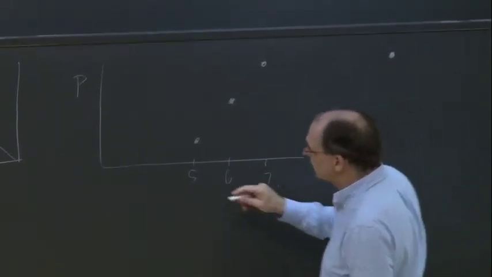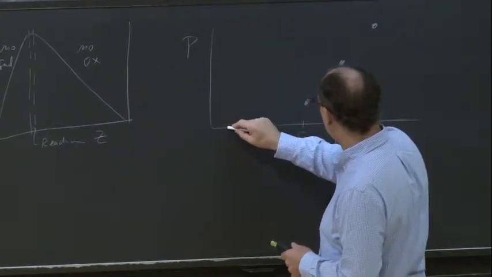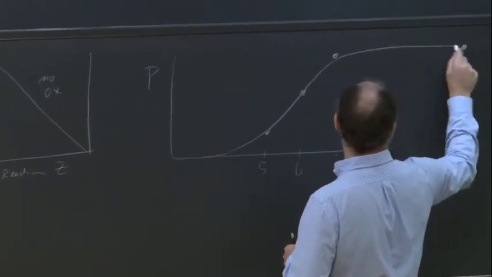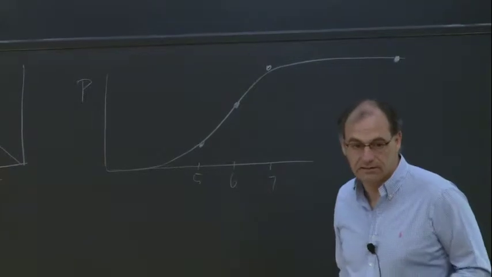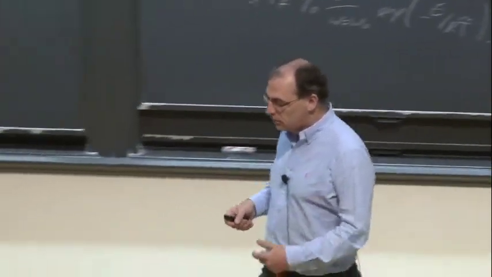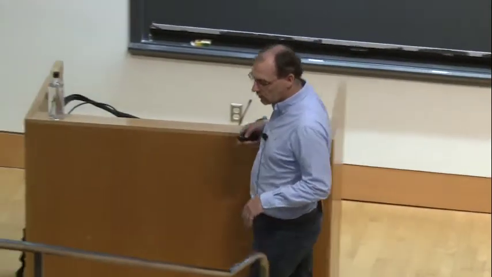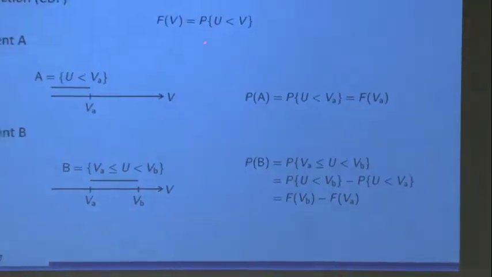Everything is less than that. So then if I just do this for every single value, then I get something like this. Okay, so that's the cumulative distribution function. And the cumulative distribution function evaluated for a certain v just gives you the probability that the velocity is less than that value of v.